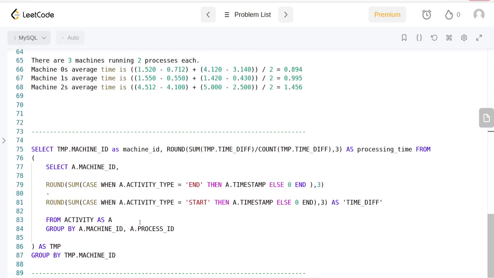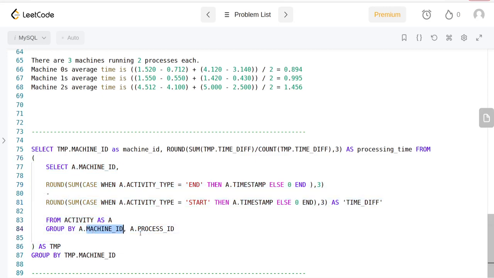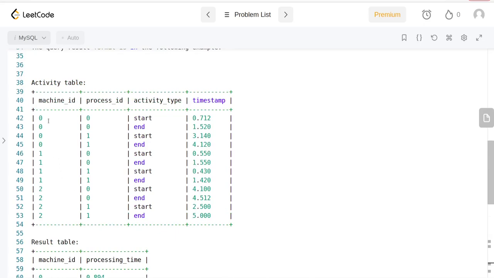Now, if you ever wondered why we sometimes group by multiple things, this is a very good example. Look here, we need to group them. We definitely need to group the machine 0 so that when calculating these time differences between the starting and ending time, we don't intermingle the 0th machine with the first machine and the second machine.